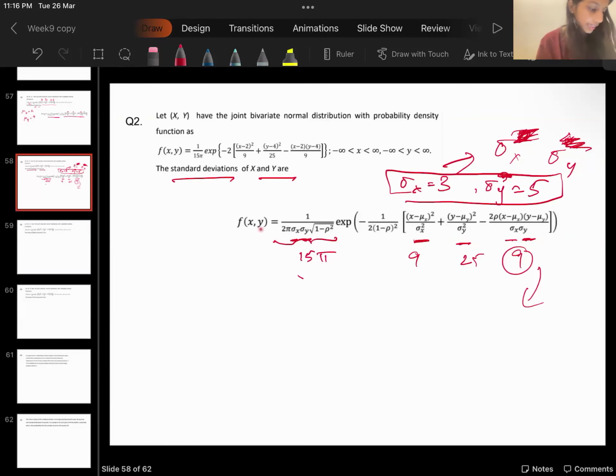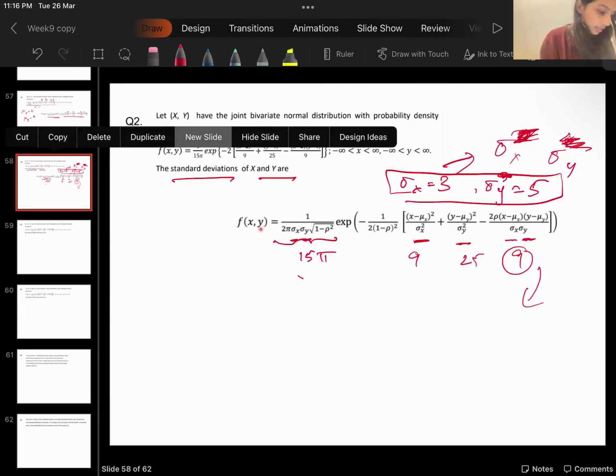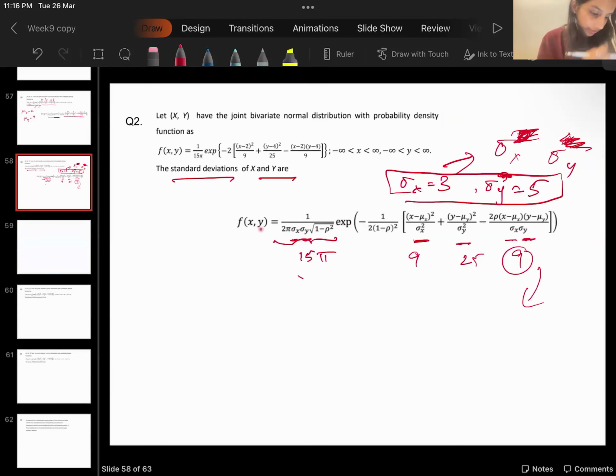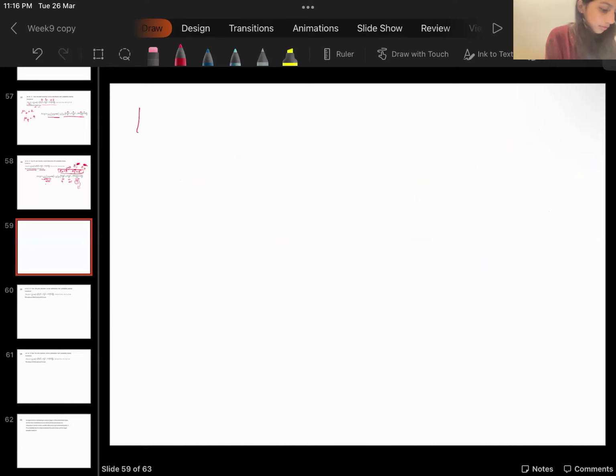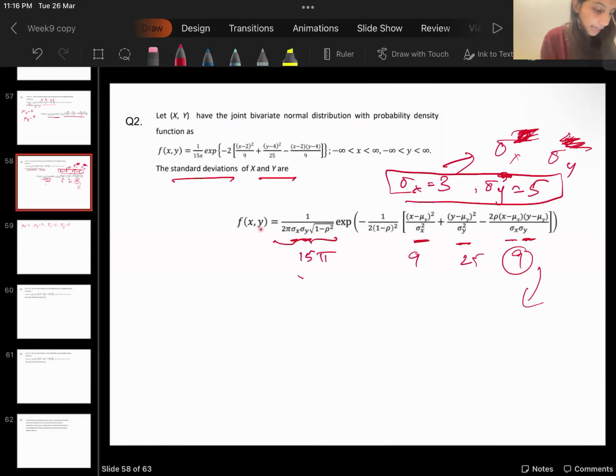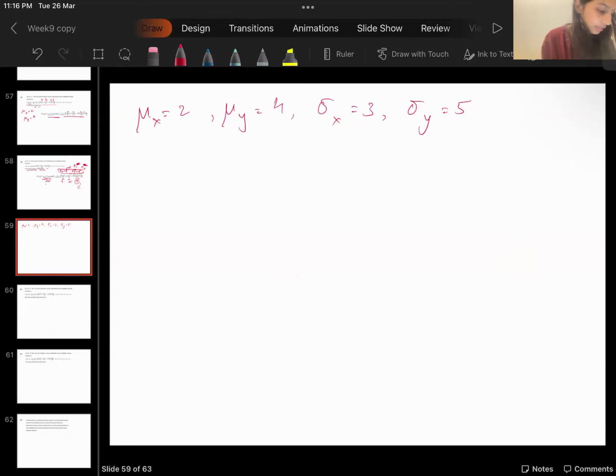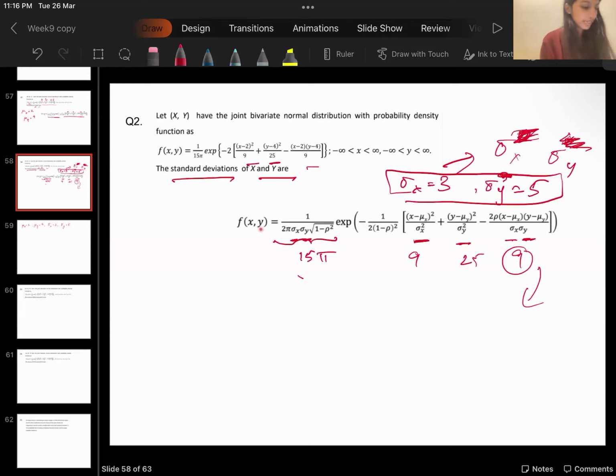So we can calculate rho from this basically. Let us try to do that. So now you had mu x is equal to 2, mu y is equal to 4, sigma x is equal to 3, sigma y is equal to 5. This is what we calculated based on matching these formulas. And you can calculate rho also by applying these, and then cross check if you're getting these answers.